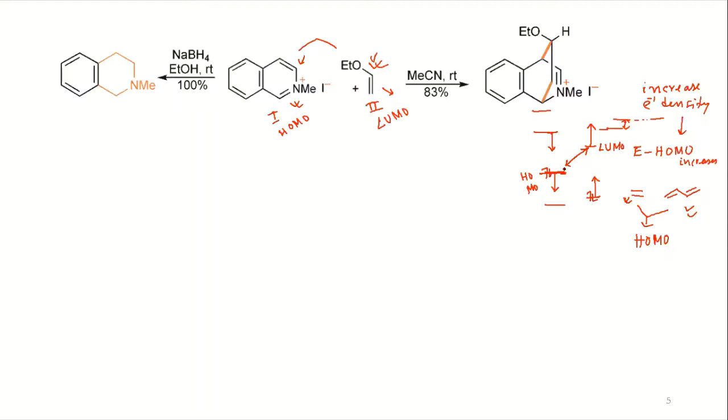No reaction. So this one LUMO, it is stabilizing. This one HOMO is destabilizing, it is increasing. So your gap is increasing or decreasing? Decreasing. So your condition will be, this will act as HOMO, this will act as LUMO. Did you get the point?